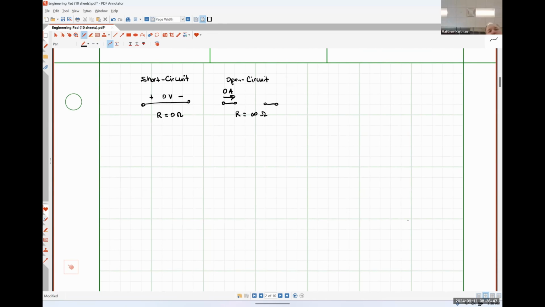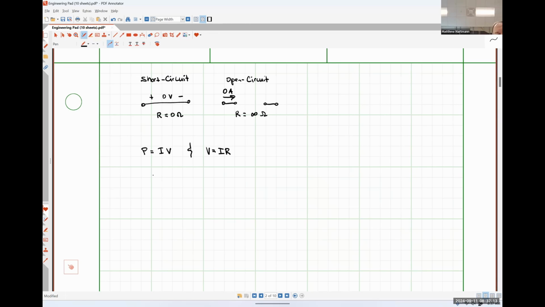I'll continue to do resistor stuff on the left-hand side and conductance stuff on the right-hand side. We know in general that power is equal to current times voltage, and that voltage is equal to current times resistance.